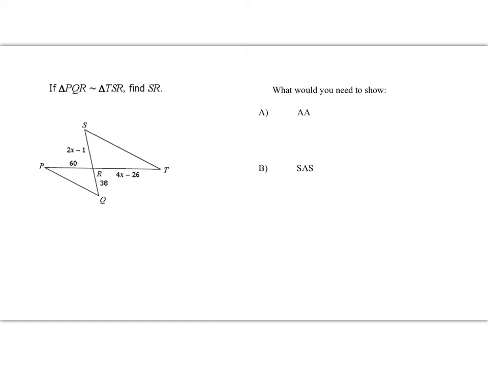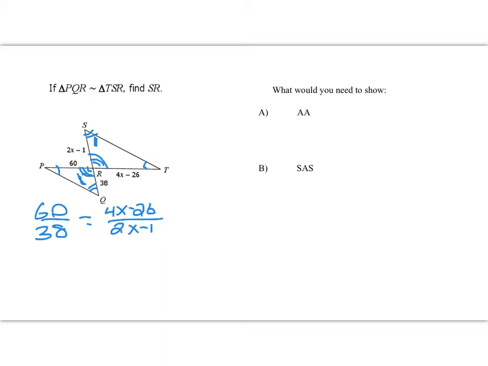Okay, if triangle PQR is similar to the other triangle, P and T are corresponding, Q and S are corresponding, and R corresponds to the remaining vertex. Find SR. So we want to set up ratios. If we go 60 to 38, that means you want 1, 3. So 1, 3 would be 4x minus 26 over, and then 3, 2, so 3, 2 is 2x minus 1.